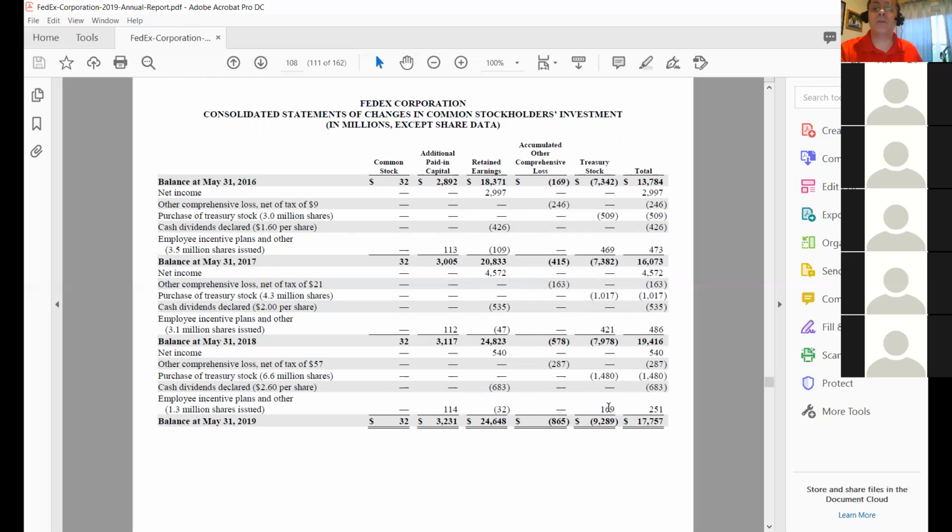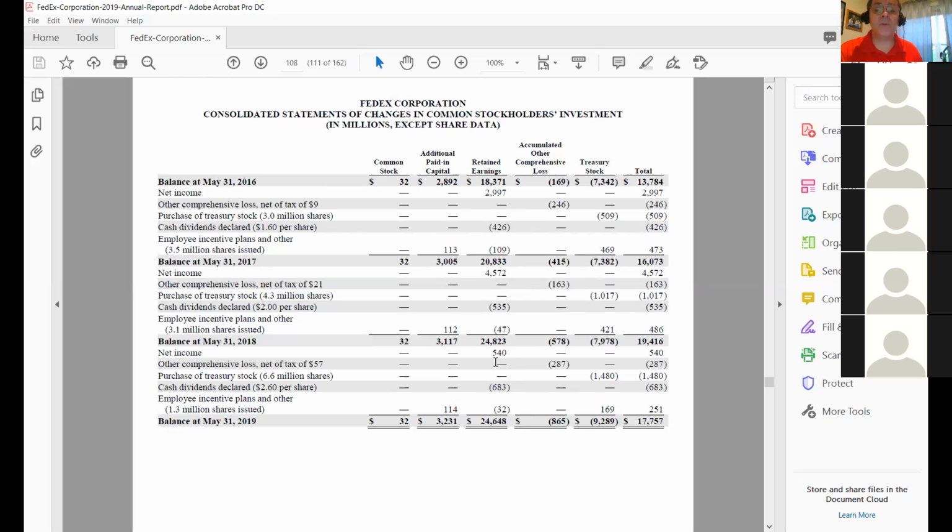Instead, they are a credit to treasury stock. And you can see that we sold them to the employees for more than what we originally paid for the treasury stock, because we increased additional paid-in capital. Additional paid-in capital went up by the amount we sold it to the employees for more than we paid. Remember, we always credit treasury stock for what we originally paid for it.